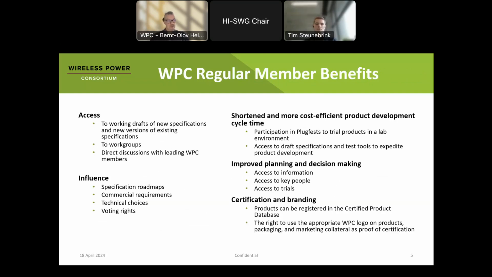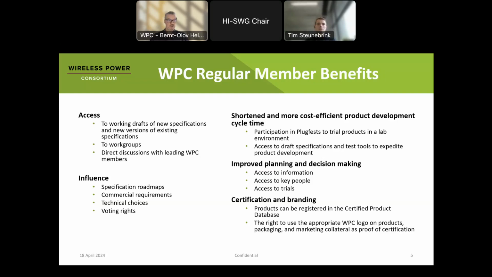So, becoming a member, some of the benefits of being a member are access to drafts of the specification, to work groups, and direct discussion with leading WPC members, a lot of good context for reaching out to the market. You will also have an influence on roadmaps, the commercial requirements, technical choices, and voting rights for the new specifications.